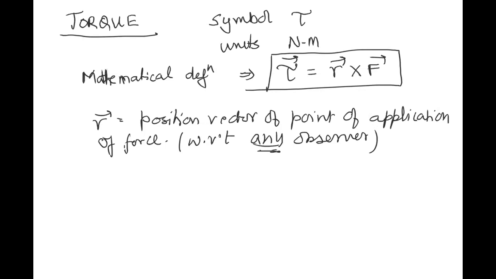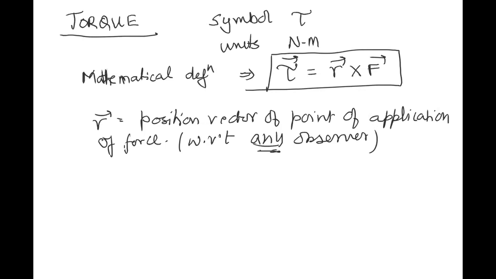The answer to that is yes, it can have a different direction as well, right? So the torque vector will be something which will be measured differently by different observers, and we have to reconcile with this when we are solving a problem.